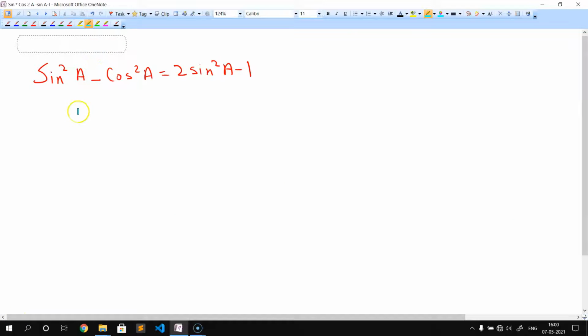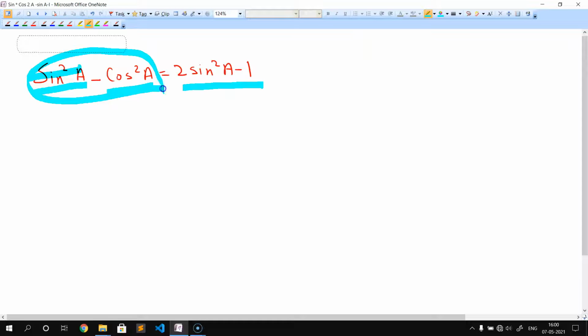In this question you can see that here is sin square a minus cos square a is equal to 2 sin square a minus 1. If we solve the LHS, left hand side, you can see that sin is present and cos too, but on the right hand side there is only sin.